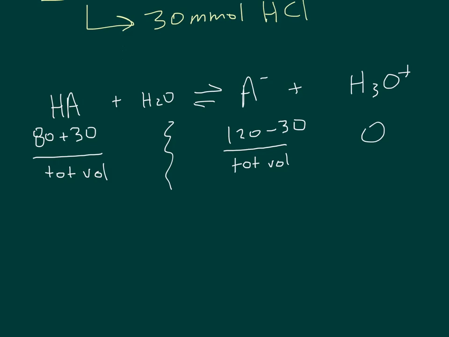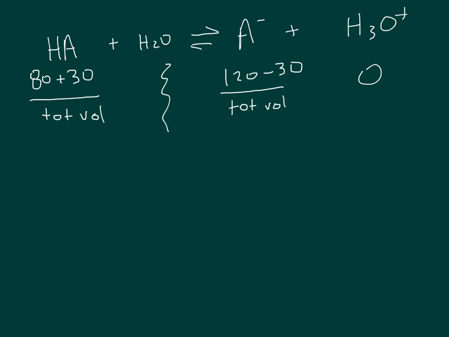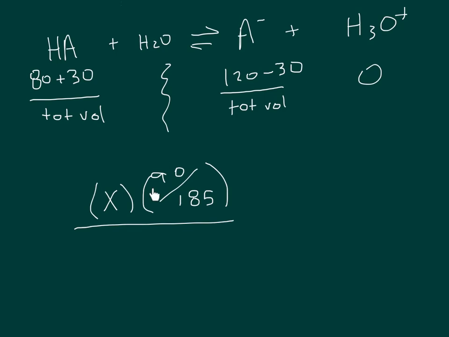I'm once again going to take a bit of a shortcut with my ICE table, and I'll simplify this to X times 90 over the total volume, 185. That was 160 milliliters plus 25 milliliters. Again, I'm working in millimoles and milliliters, and this 90 comes from 120 minus 30. My concentration of HA has also been impacted.